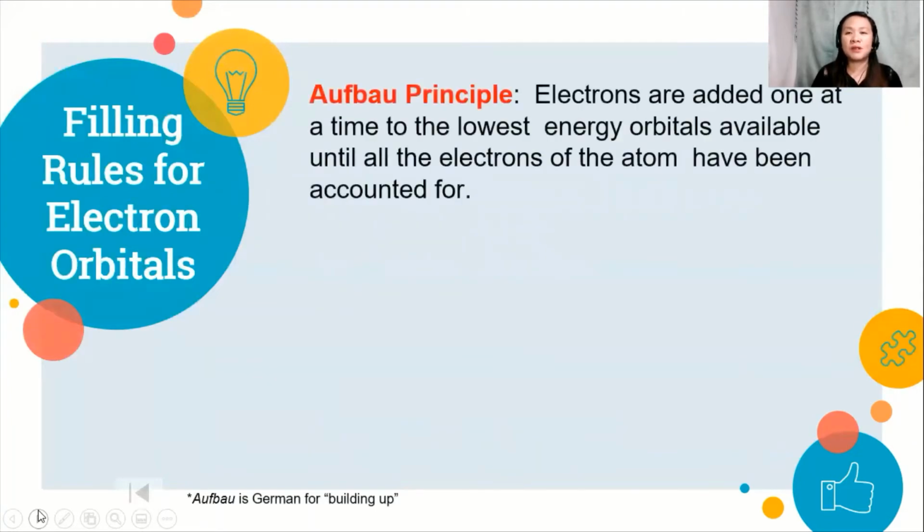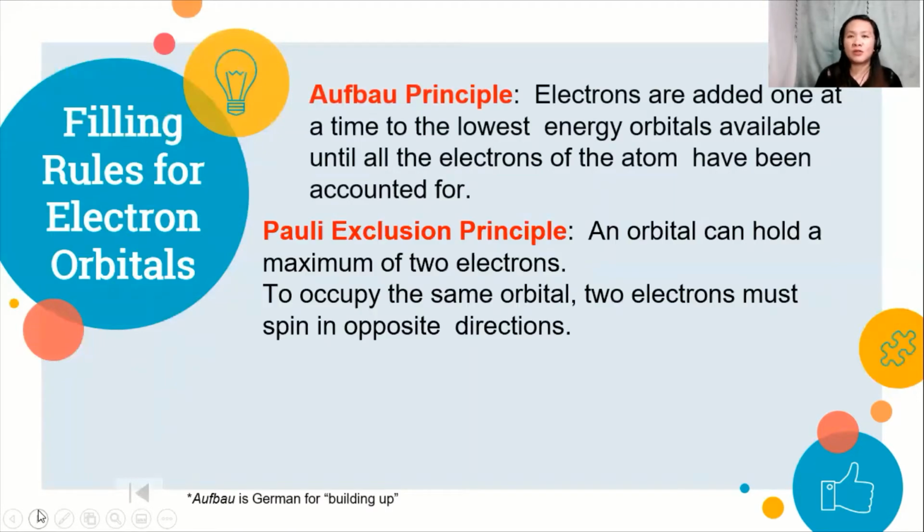The first is the Aufbau principle, which says that electrons are added one at a time from the lowest energy level orbitals that are available until we reach the electrons of the atom that have been accounted for. Again, we start from the lowest energy level.